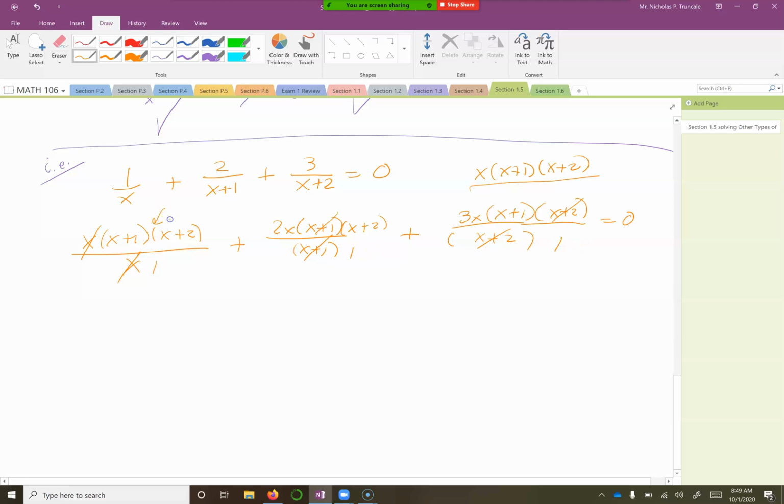So I'm going to go ahead and FOIL this out, because we have x plus 1 times x plus 2. So that's x squared plus 3x plus 2. And then this middle one is just 2x times x plus 2. So that's plus 2x squared plus 4x. And then this last one is just 3x times x plus 1.